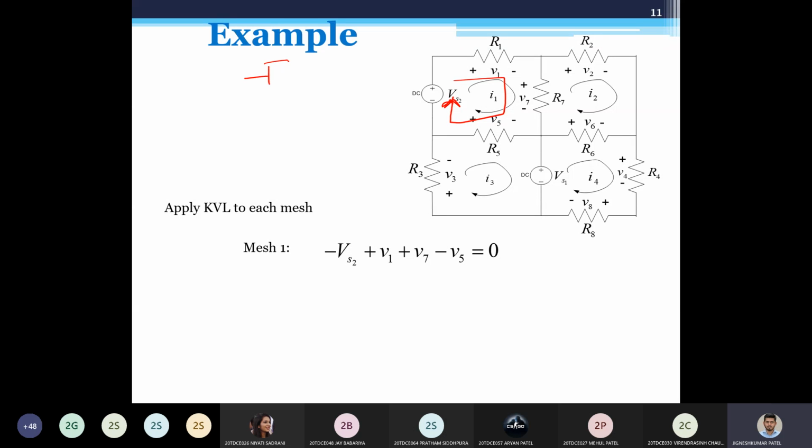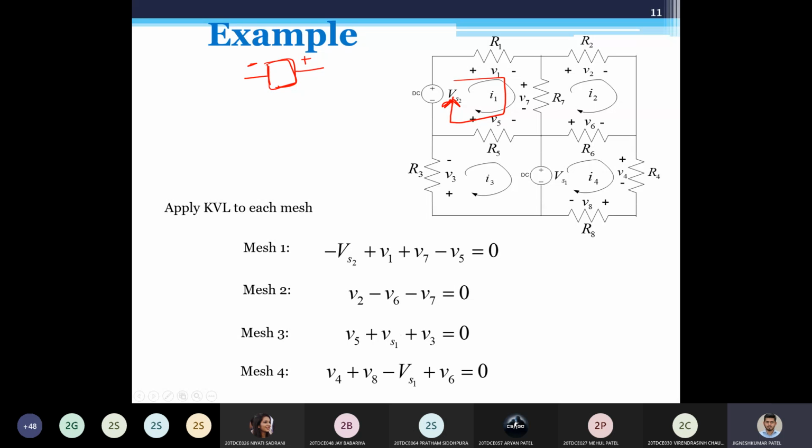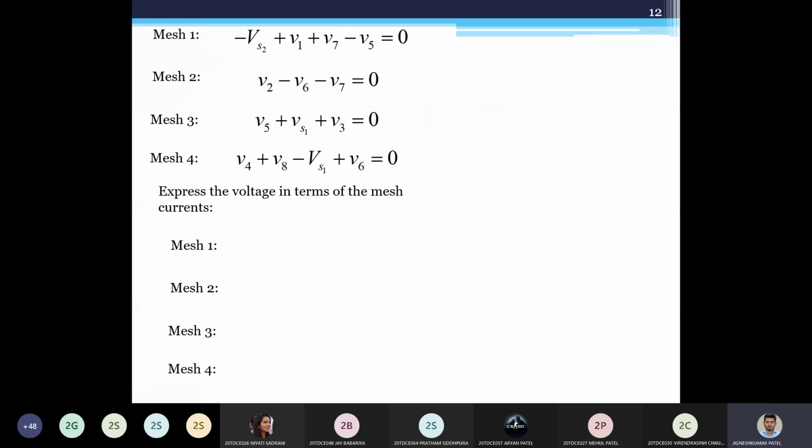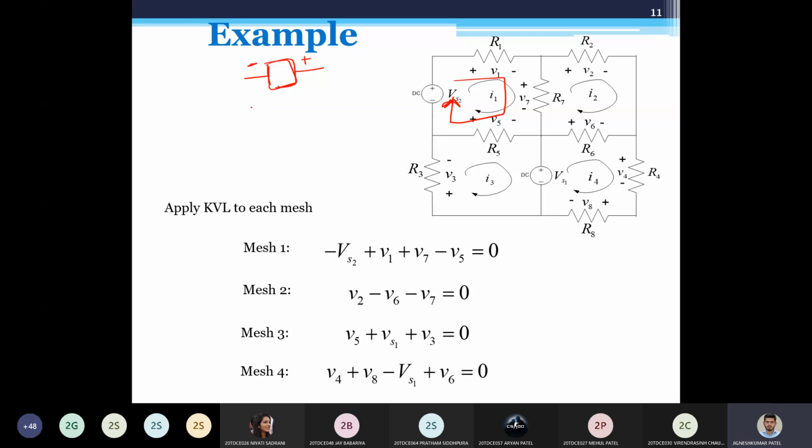Whenever there is an element, let us say this is an element, whether a voltage source or a resistor, if I travel from negative to positive, I'll consider the sign here to be positive, or I can say this is a rise in voltage.